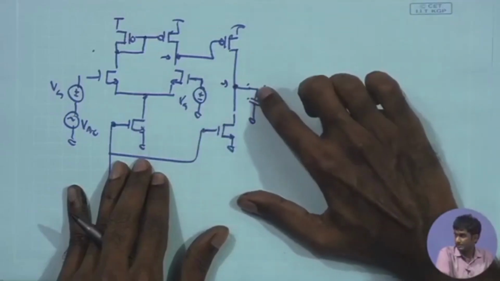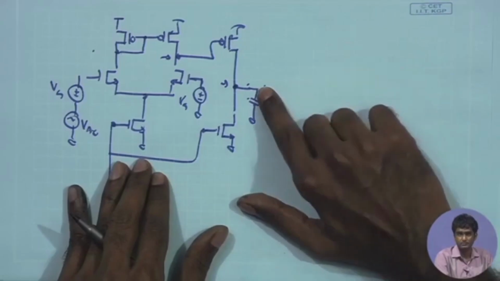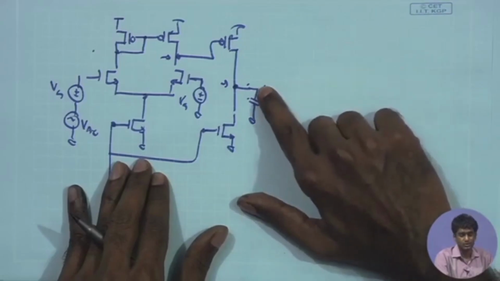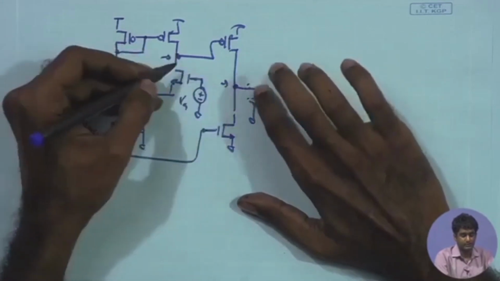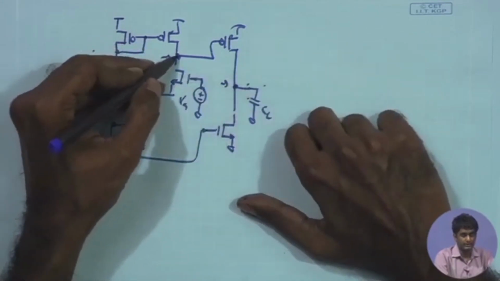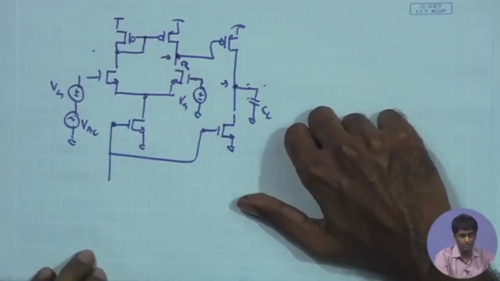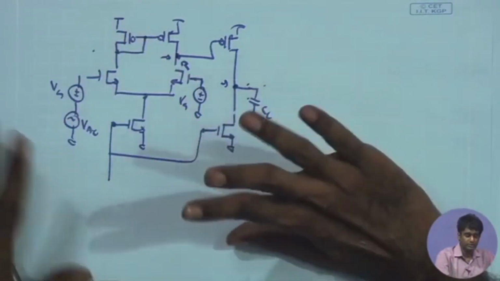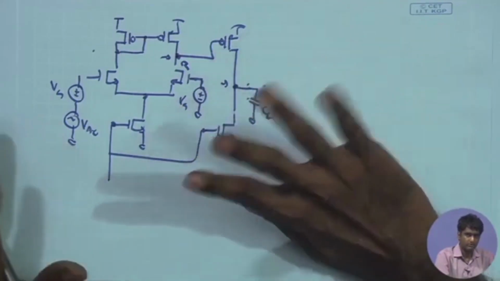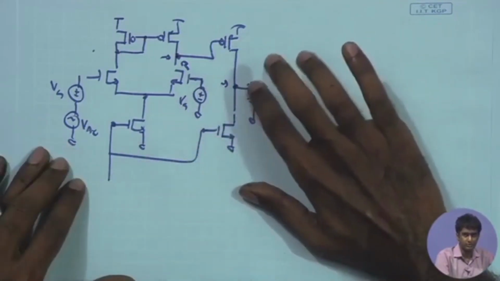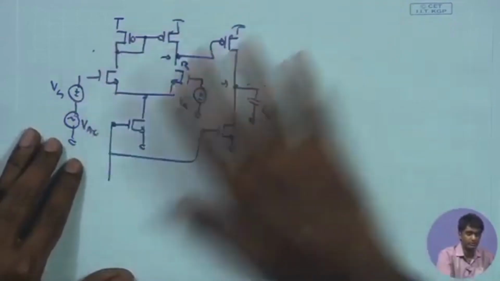However, if the load capacitance over here is too small, in that case this node may end up dominating. So we can consider both cases. For the time being, we can start with a CL of a nominal value and assume this to be the dominant pole and try to look at the calculation of the W by L values.